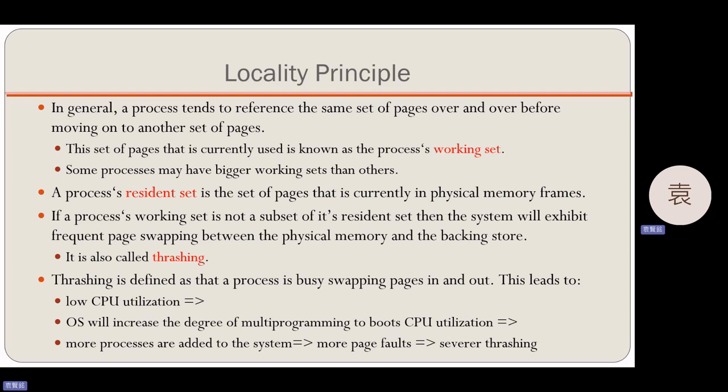But if the reason for the low CPU utilization is too many page faults, then increasing the number of processes in memory will make the situation even worse. Okay, so you generate more page faults, because the reason for the low CPU utilization is the CPU doing too much work in thrashing, instead of waiting for some I/O or whatever.